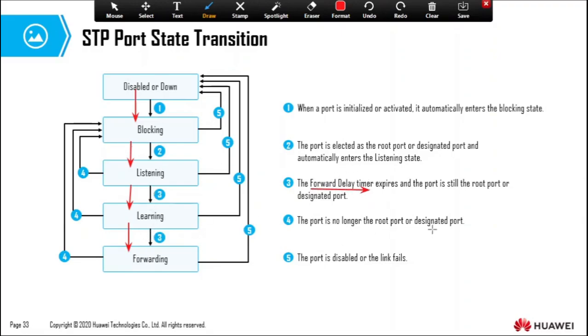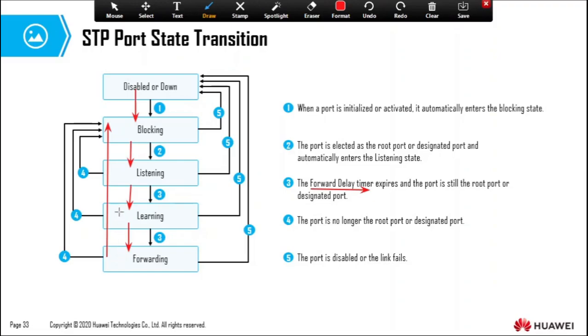Then number 4, we can transition, for example, from forwarding to blocking. This is when the port is, for example, elected as the alternate port.